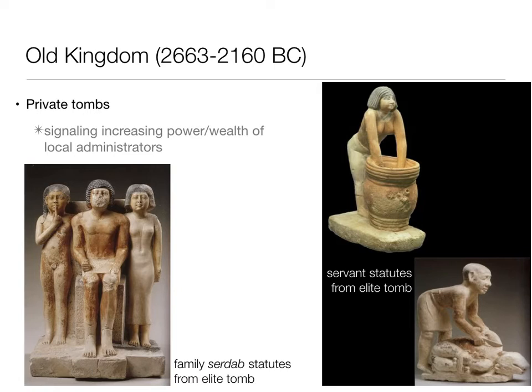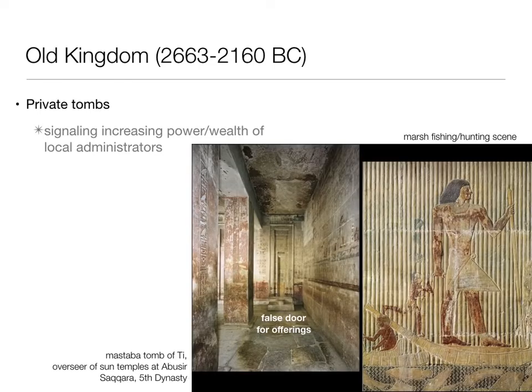And then there are these other statues that are included in the private tombs that are essentially meant to do the work of the individual in the afterlife. So somebody doing laundry or slaughtering an animal, making food, these sorts of things, so that somebody can maintain their wealthy lifestyle in the afterlife and get these statues to do that kind of work.